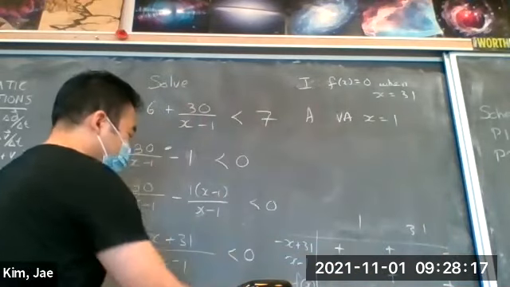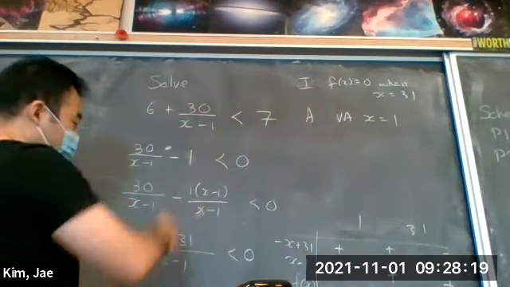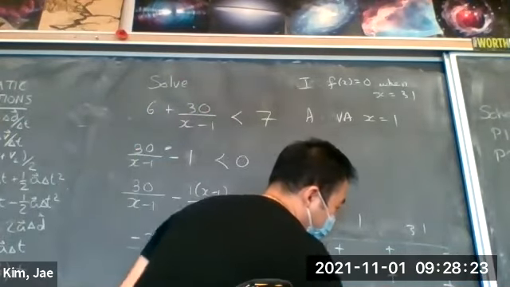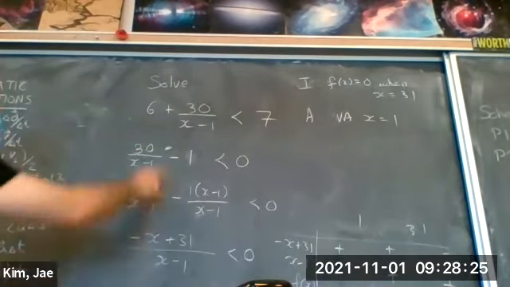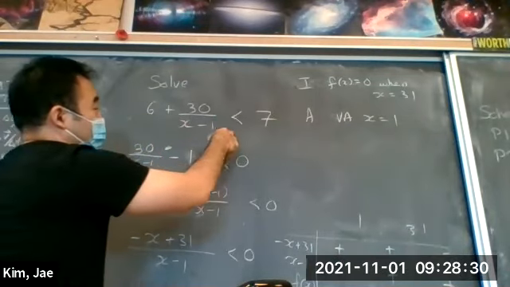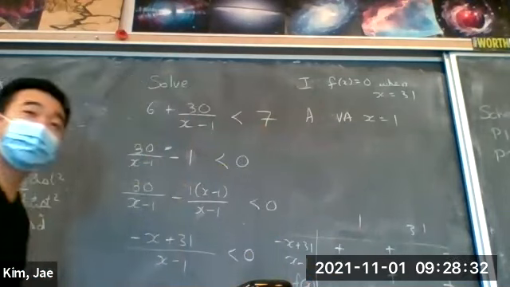Okay. So it seems this is going to be negative in this interval and this interval, which means the original expression is going to be less than 7 in those same intervals.